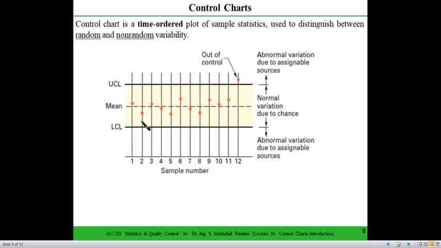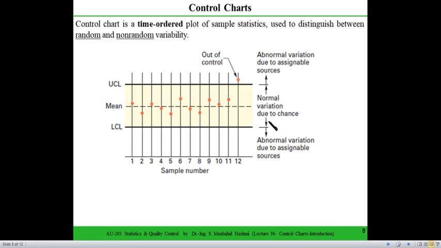So for every sample, your sample statistic could be along the center, showing the central tendency of the data. If you draw the normal distribution curve here, there is a 3 sigma variation on this side and 3 sigma variation on this side.